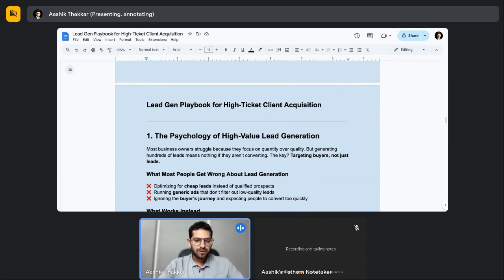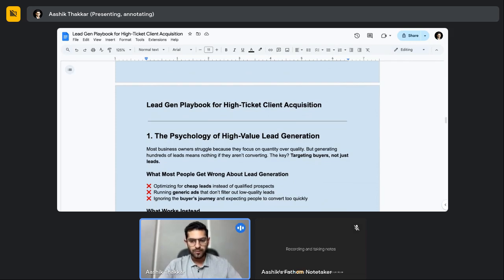What most business owners get wrong about lead generation is they optimize for cheap leads instead of qualified prospects. Cheap leads do not lead to business. Cheap leads do not guarantee conversions. What you need is quality leads. Running generic ads that don't filter out low quality leads.